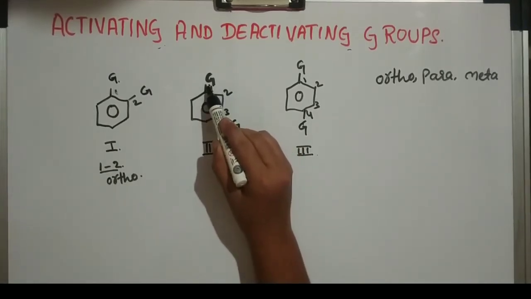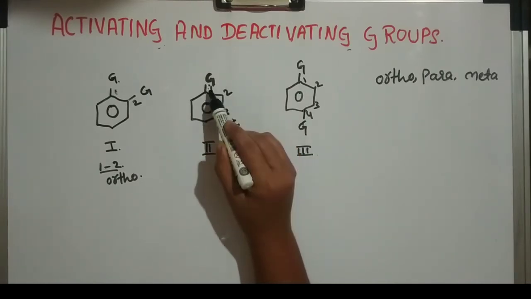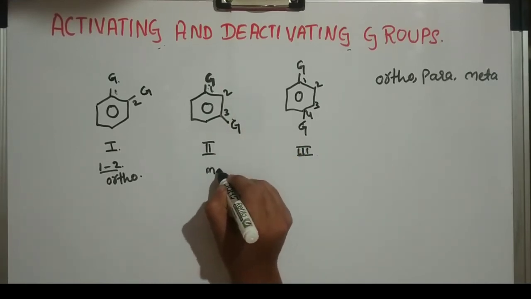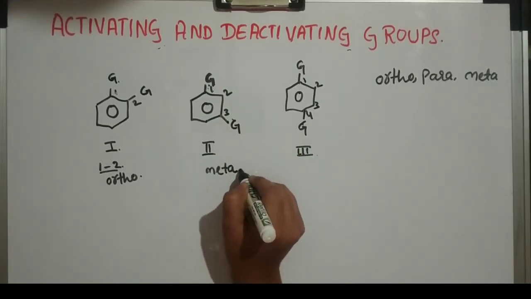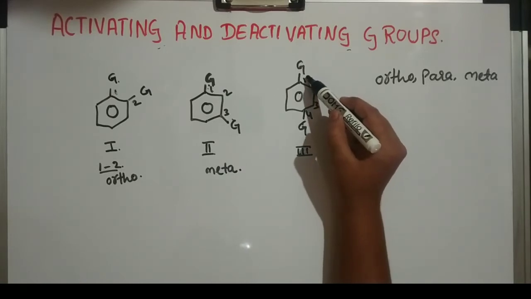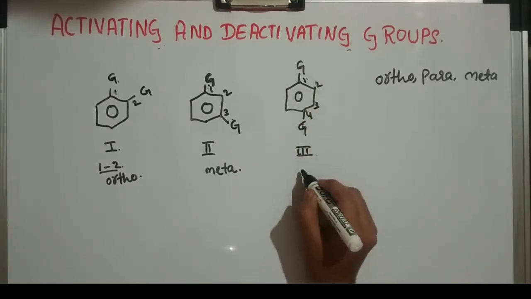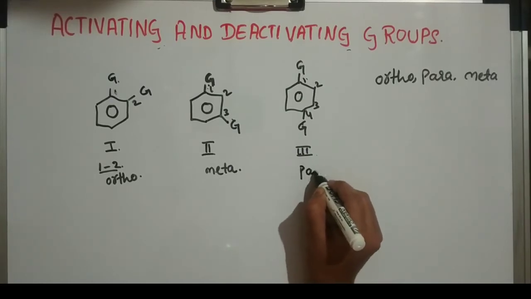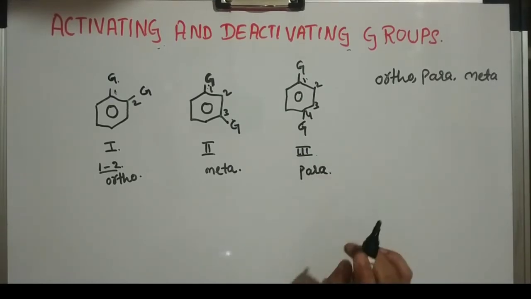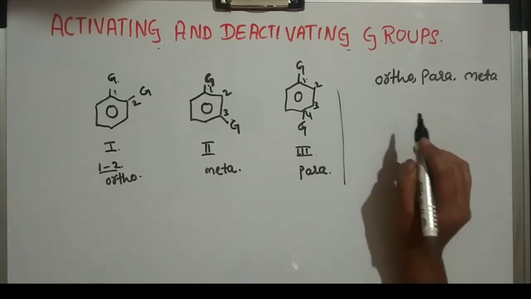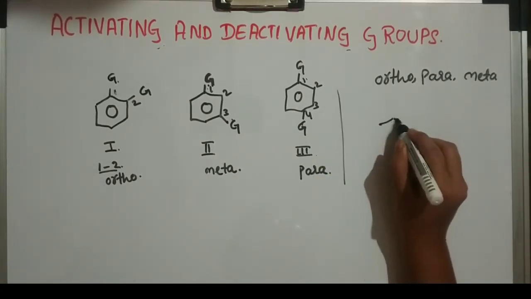Whereas when positions 1 and 3 are occupied, that is called a meta position. Whereas when the first and fourth positions are occupied, that is called a para position.